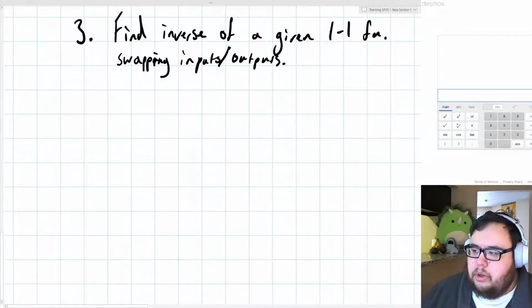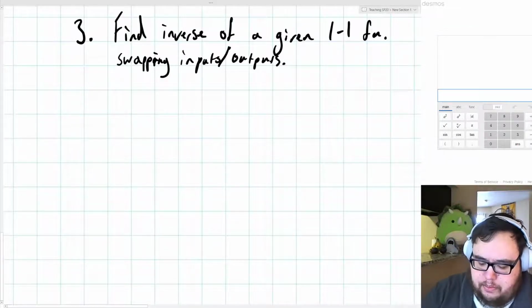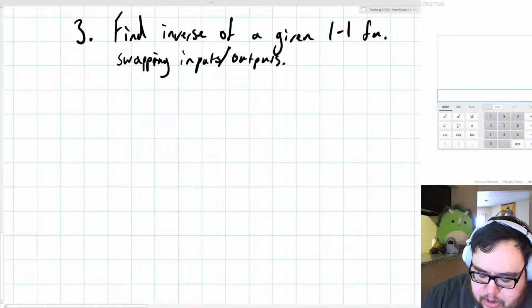After one-to-one and inverse functions, the next thing that we talked about was exponential functions.